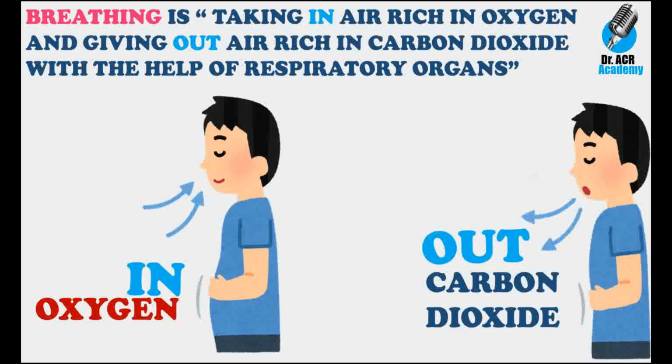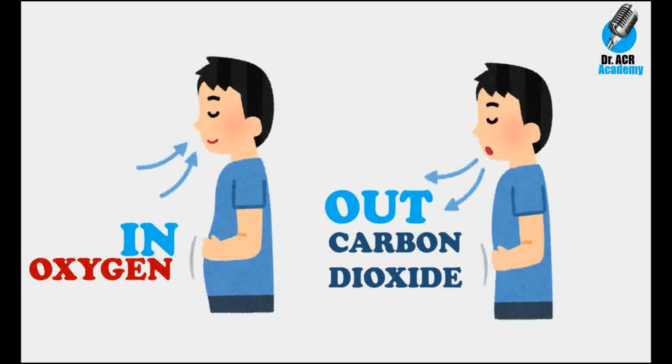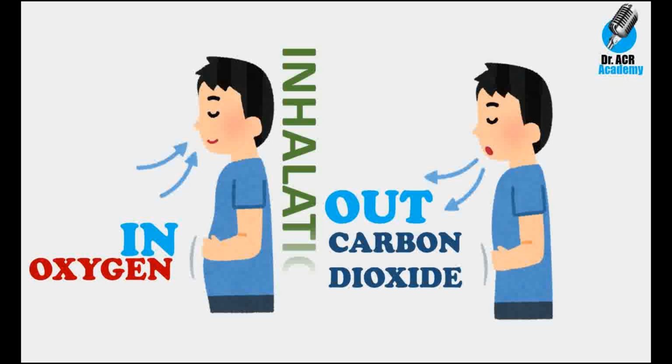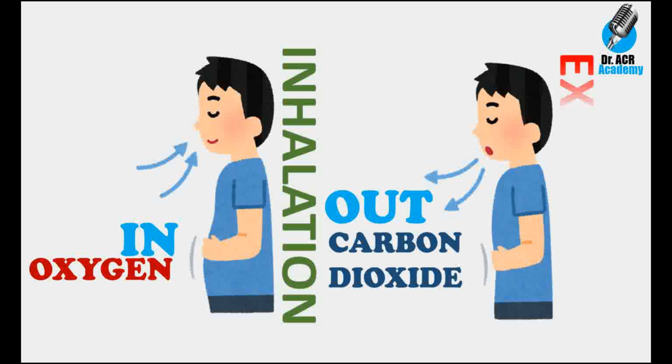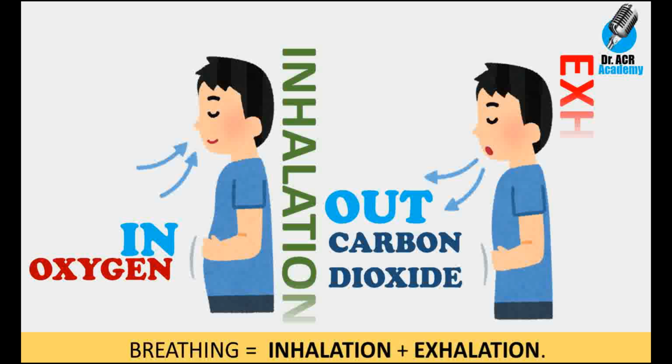Breathing is a lifetime continuous process in organisms. Taking in air rich in oxygen into the body is called inhalation, and giving out air rich in carbon dioxide is known as exhalation.